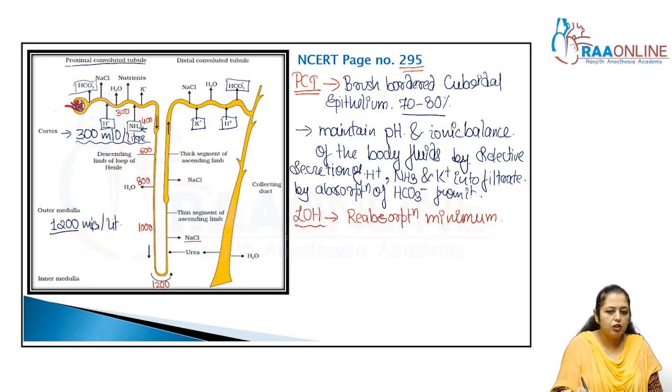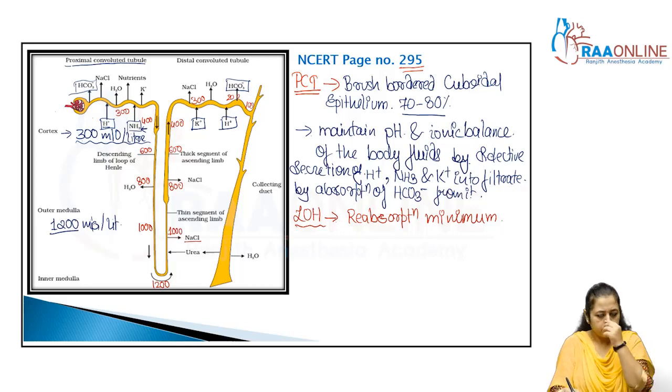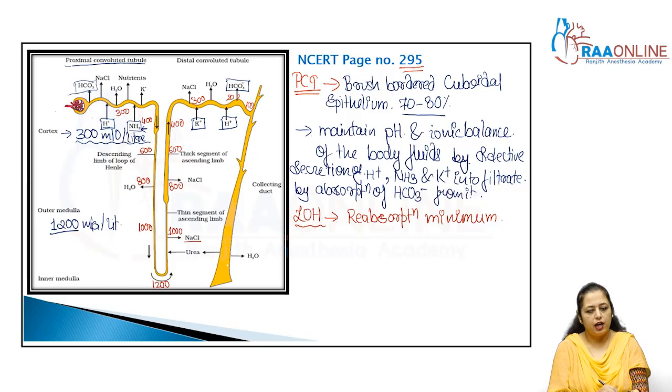So to maintain the osmolarity, again 1000, 800, 600, 400, 300, and here 200, then 100. Clear?